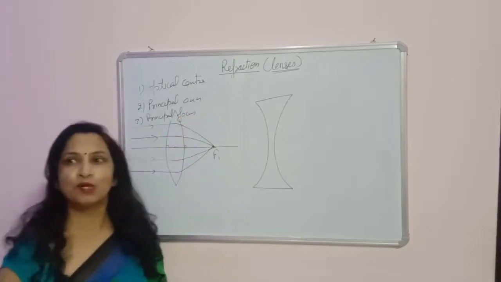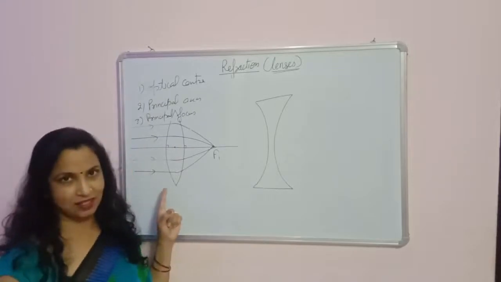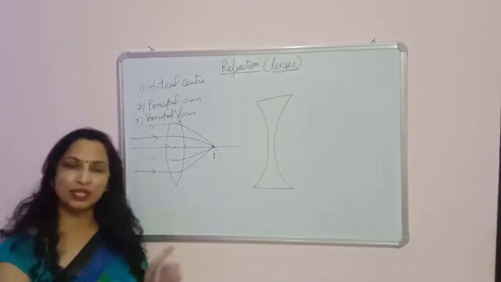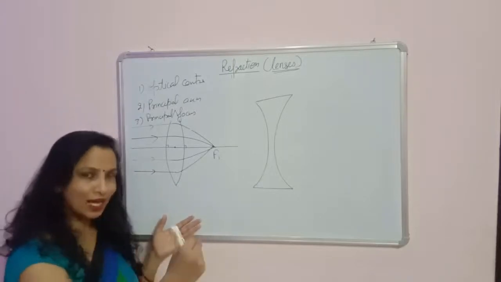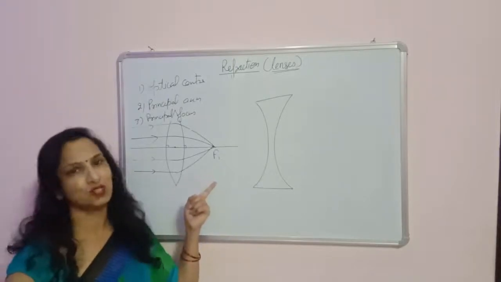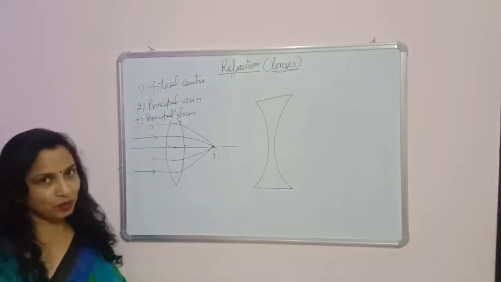So what is the principal focus? The light rays which are initially parallel to the principal axis, after passing through the lens, converge on a point on the principal axis, is called the principal focus of the lens. Okay. So this is the definition of principal focus.